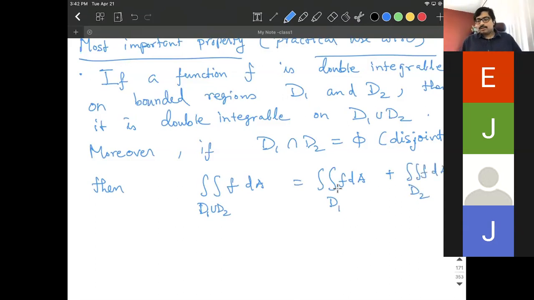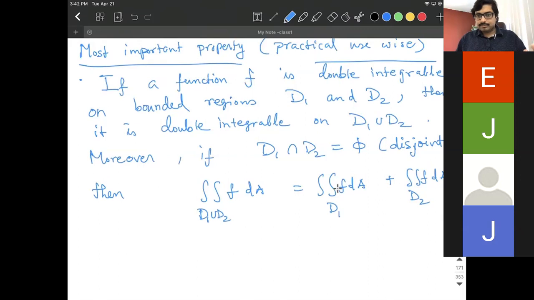So this is much like what you did for the Riemann integration. Remember, you broke up the path into several smaller paths, and for nice enough functions, the total integration on the whole path is the sum of the integrals on these individual paths. Here also you have this generalization. Suppose you can break up a bounded domain or a bounded region into several other smaller bounded regions, satisfying the condition that their intersections are disjoint.